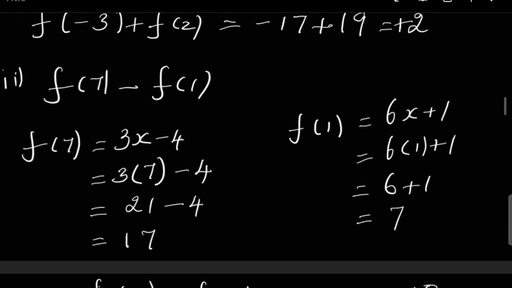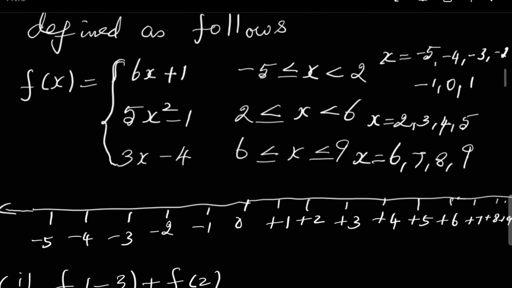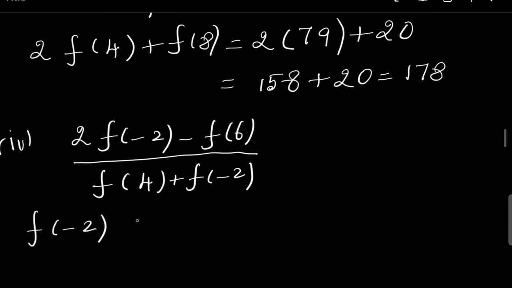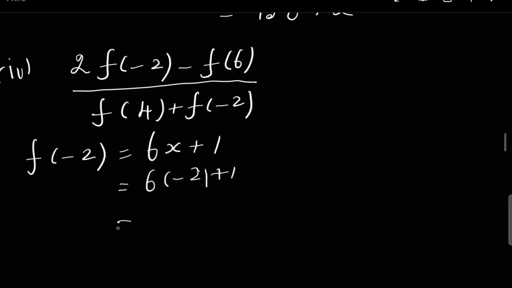Where this x takes the value minus 2 here, minus 2 in the first function, 6x plus 1. So 6 into minus 2, plus 1. 6 2s are 12, minus 12 plus 1, minus 11.